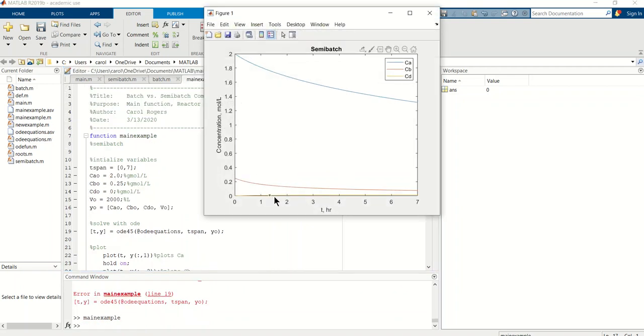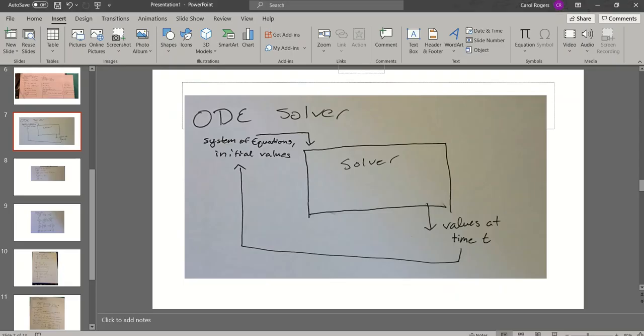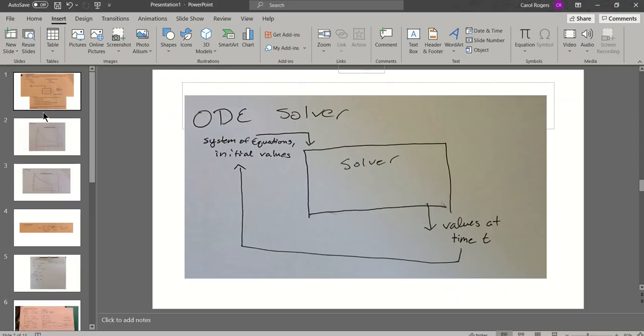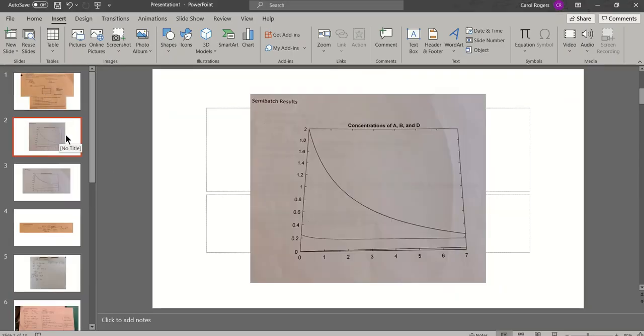And there is something wrong with this. So the way to troubleshoot something like this is to look at where the concentrations are starting. Let's see, look back at our original code here. It's supposed to start at 2 and 3 and 0.